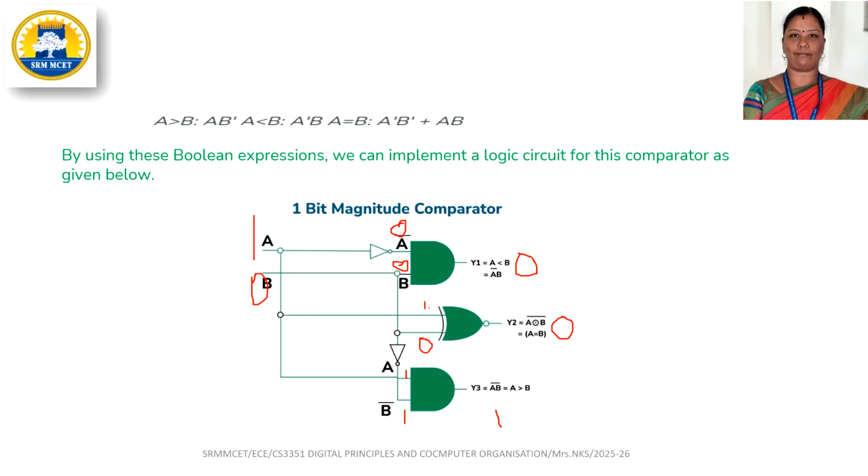So this AND gate is giving the output A greater than B. Okay, so now we got the output: for A equal to 1, B equal to 0, the output of A greater than B is 1. So in this way, the magnitude comparator works.